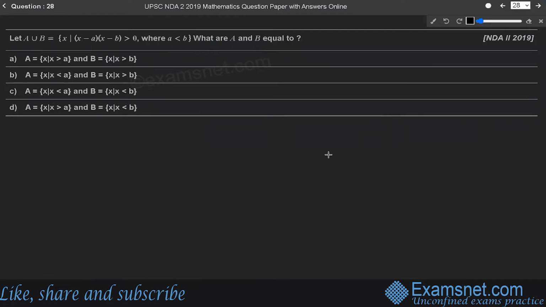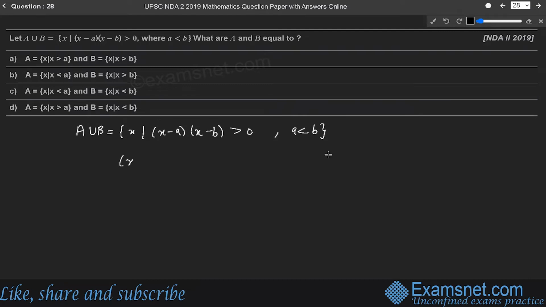Next question is, let A union B be equal to {x such that |x − a||x − b| is greater than 0}, where a is less than b. Then what are A and B equal to?